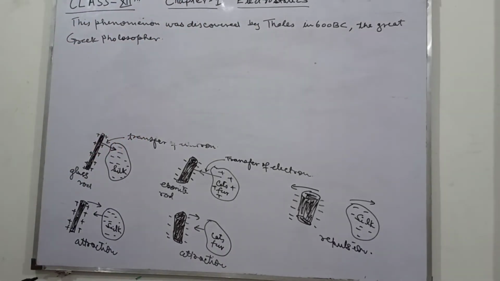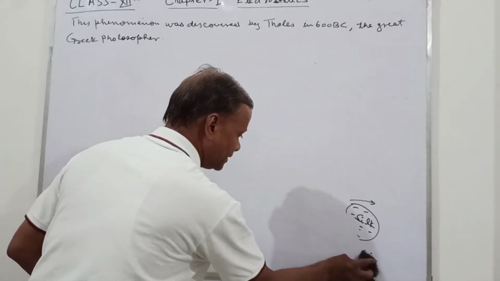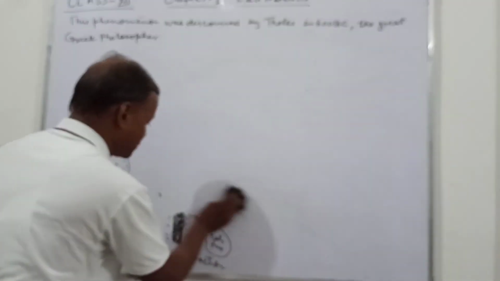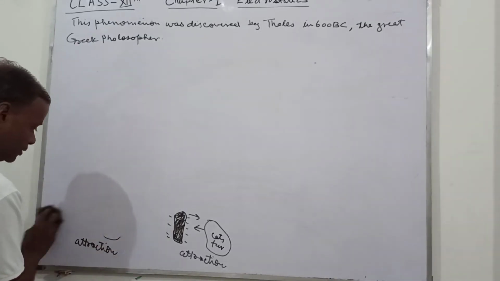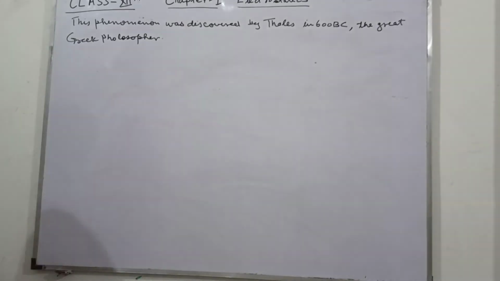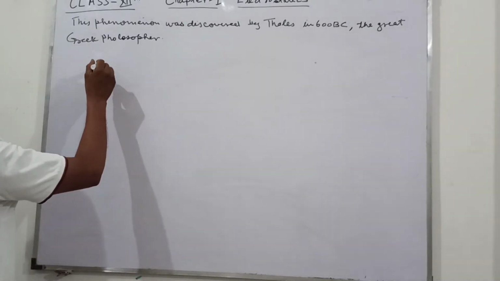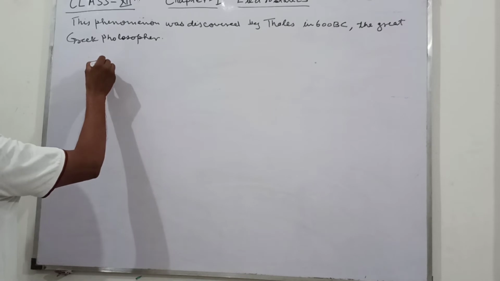So now, suppose this transfer of electrons takes place from one body to another body, is there any change in their masses? What will be the effect on mass and what will be the effect on the charge? Suppose here we have a glass rod.